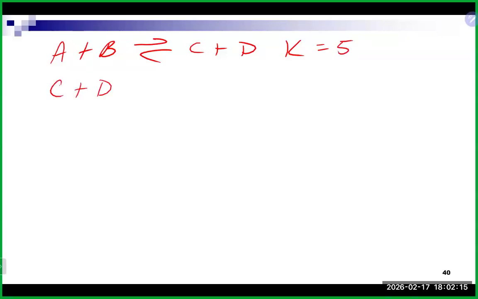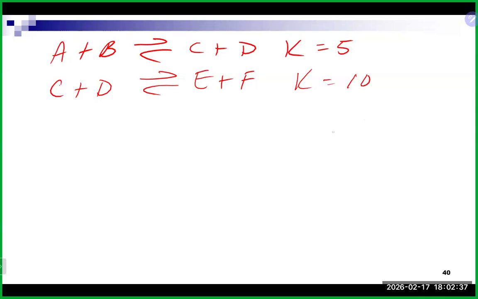If we had A plus B goes to C plus D, and k is 5, and then C plus D goes to E plus F, K is equal to 10 in this case.